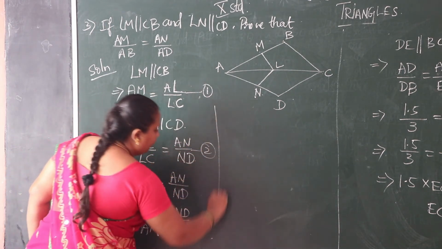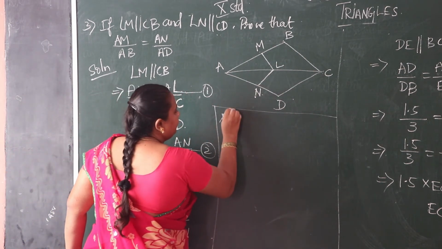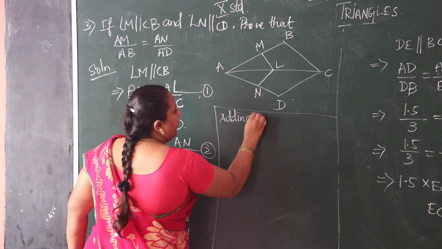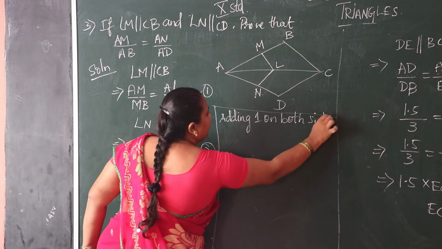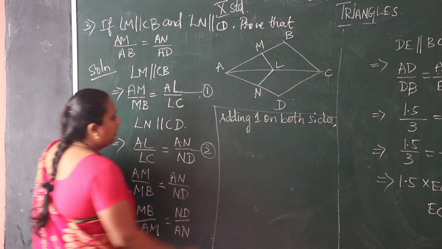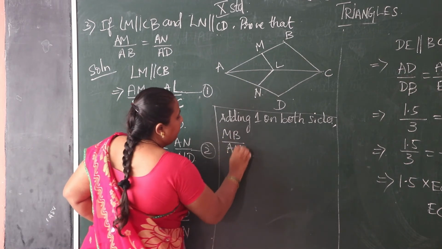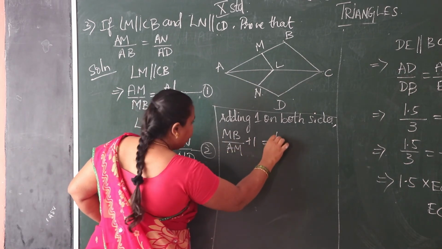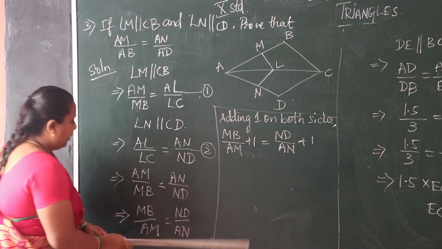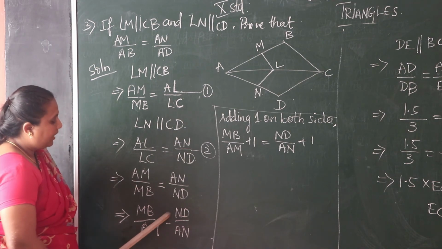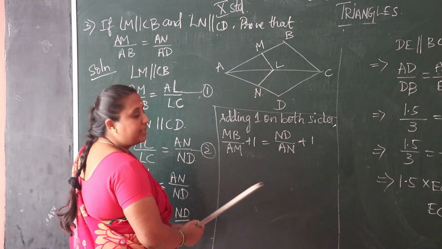Now we are adding 1 on both sides. So MB by AM plus 1 equals ND by AN plus 1.